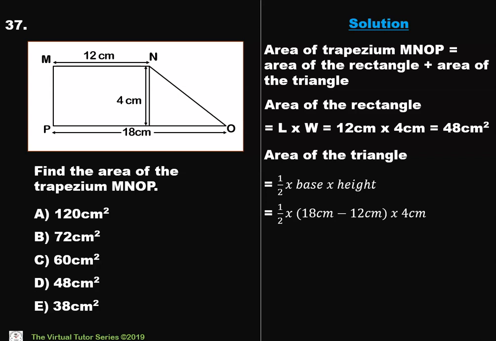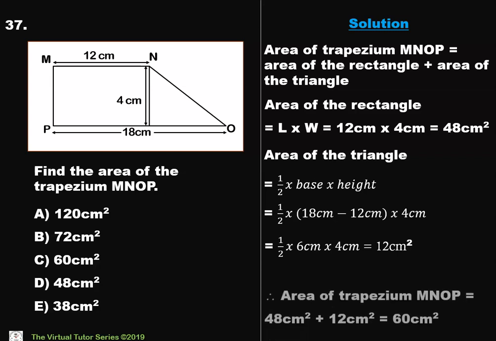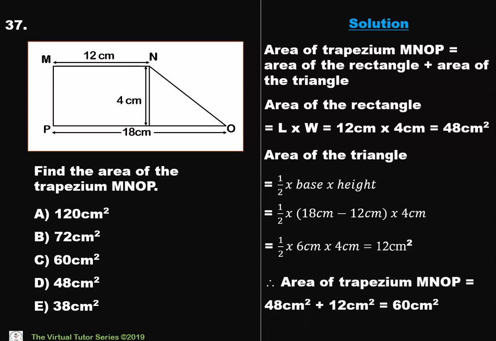Therefore, we have 1/2 times 6 centimeters times 4 centimeters, which is 12 centimeters squared. Therefore, the area of trapezium MNOP is 48 centimeters squared plus 12 centimeters squared, which is equal to 60 centimeters squared. So option C is the correct answer.